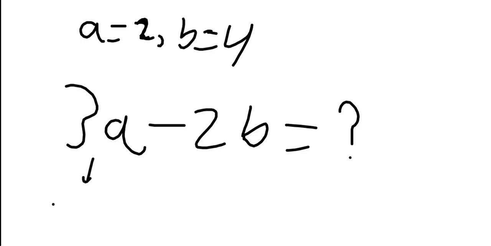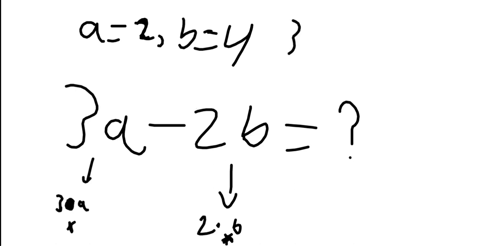So this would be equal to 3 times a. Keep in mind this little dot right here means the same as a multiplication sign. It's just that in higher mathematics we tend to use this dot rather than the multiplication sign. And 2b equals 2 times b. So from here we can just plug in 2 for a because they're equal to each other.